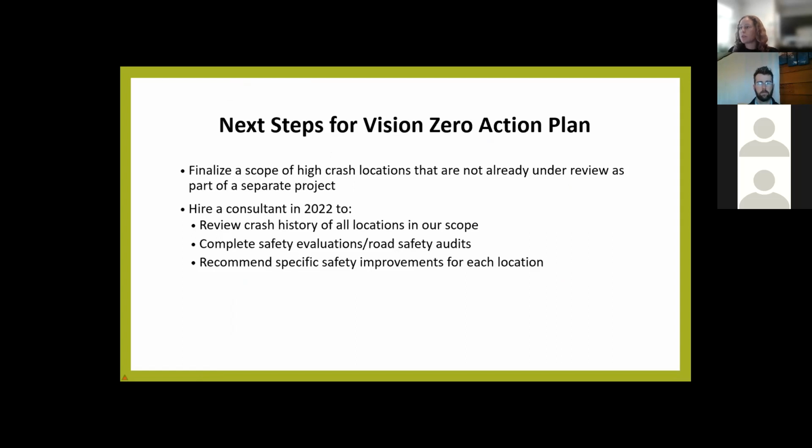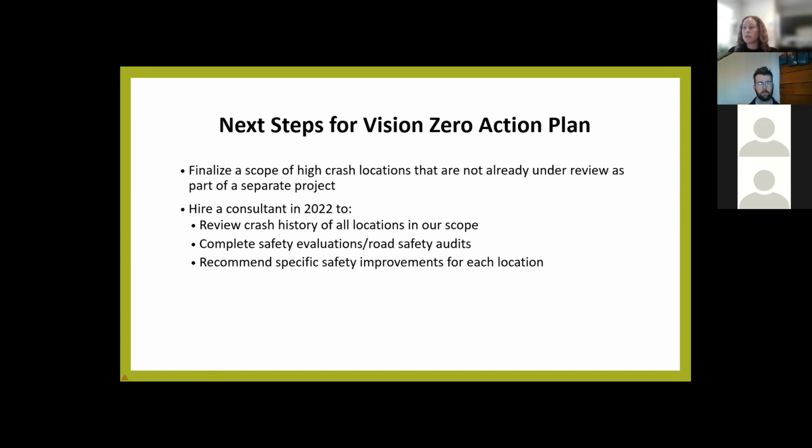So next steps for us with our Vision Zero action plan are to finalize a scope of our high crash locations, again, that are not already under review as part of a separate project. So for example, we're excluding State Highway 119 or the Diagonal Highway from our scope because Boulder County is currently designing a separated bikeway for the corridor, and CDOT is also looking at the highway's intersections as part of their safety and mobility project.